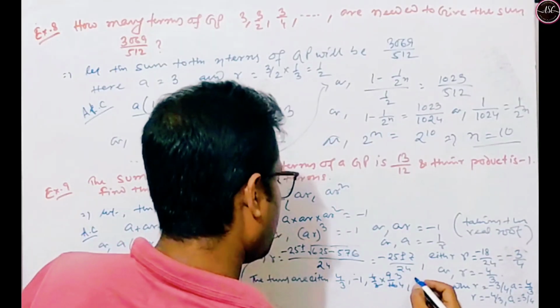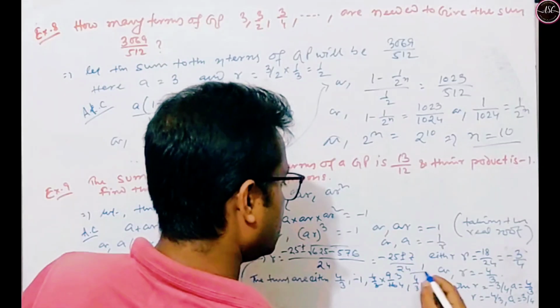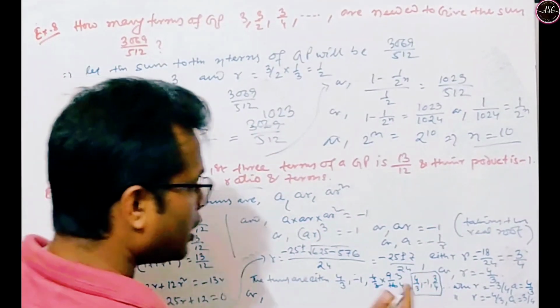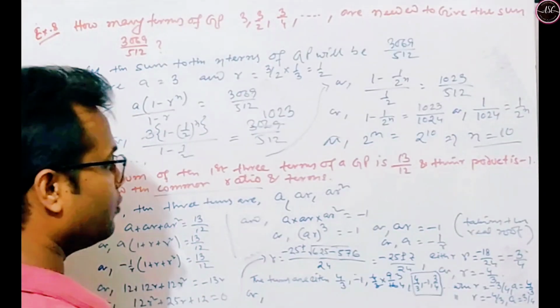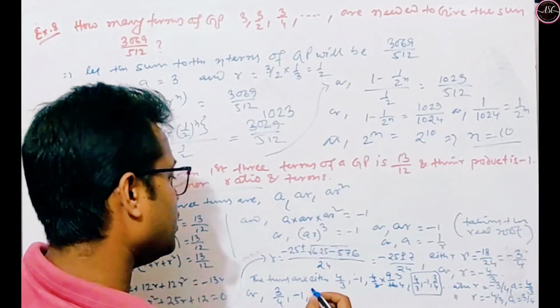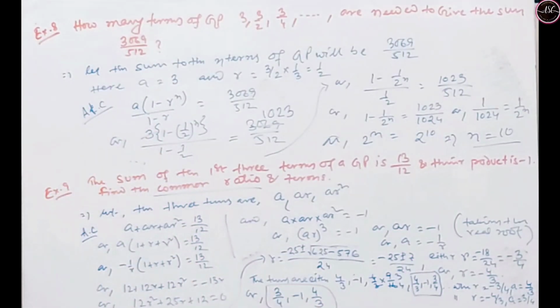That means 4 by 3, minus 1 and 3 by 4. Either these are the terms, or if R equals minus 4 by 3, then A equals 3 by 4, minus 1 and 4 by 3. Okay, this will be your answer.